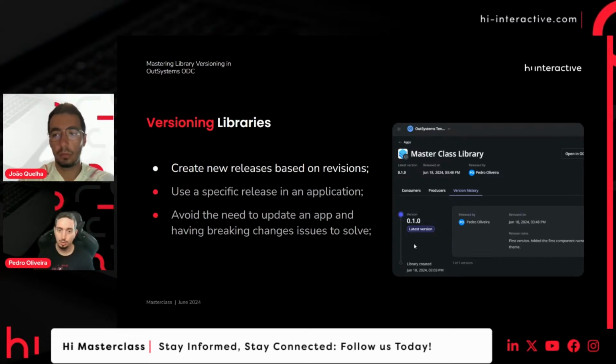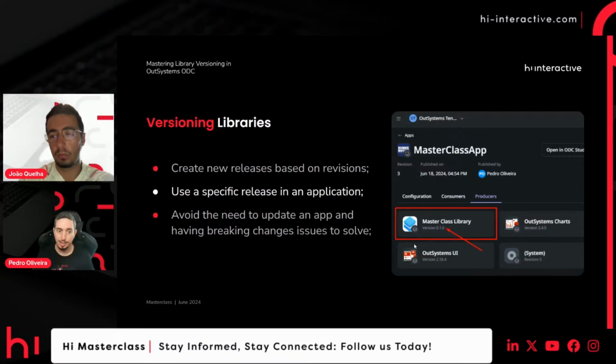With this new release, I can go to my application and say, in this application, I want to use this specific library release because I know it's working and I know this is the release I want to use.